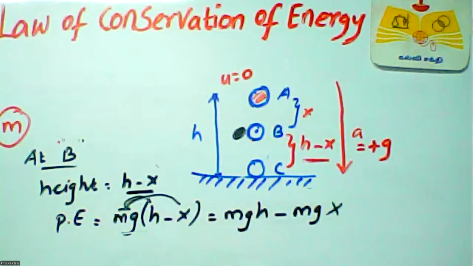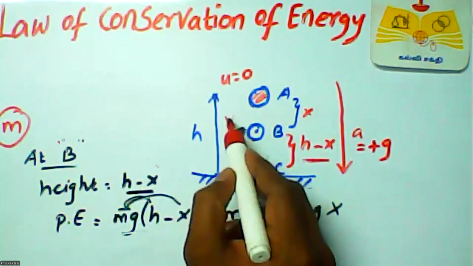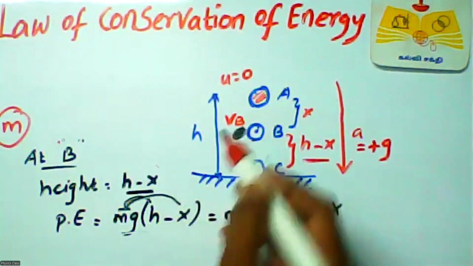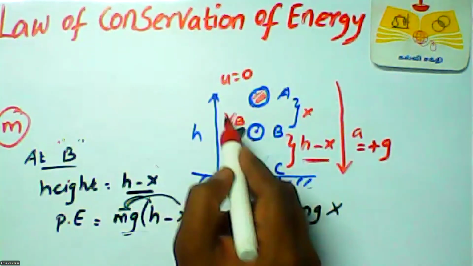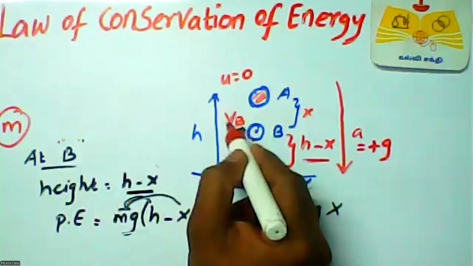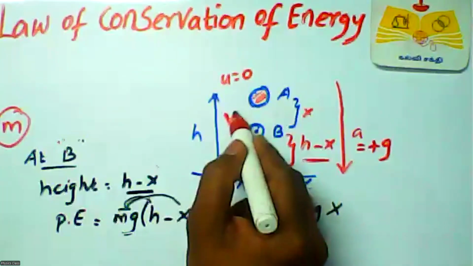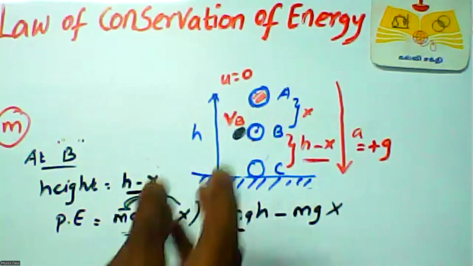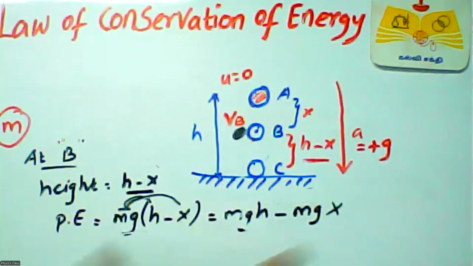I don't know what value, but we can label it VB or some other letter. We don't put a value like 5 or 10. Just label it VB. So U is equal to 0, V is equal to VB, and A is equal to plus G.